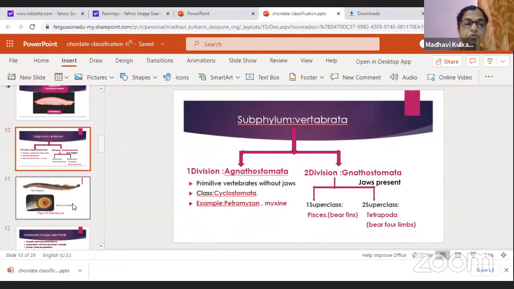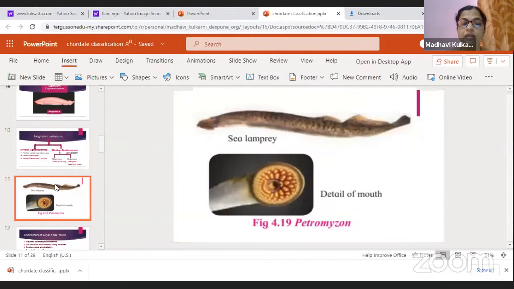First, I want to show you the picture from the division Agnathostomata and class Cyclostomata. This is one animal. The name of this animal is Petromyzon. The other name is sea lamprey. It is an economically useful marine animal from which oil is extracted.